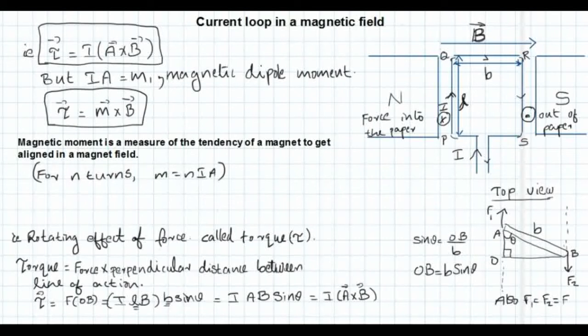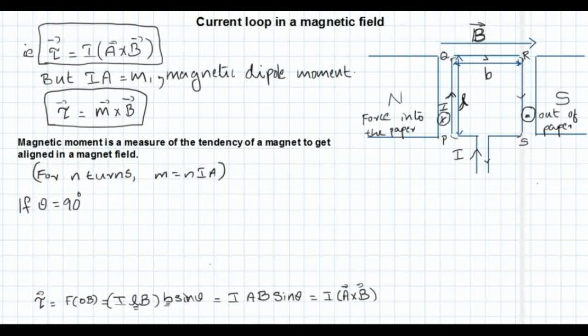Now if there are n turns, previously I told we have taken only a single turn. If there are n turns for this coil, then the magnetic moment will be n into IA. So m will be n into IA.